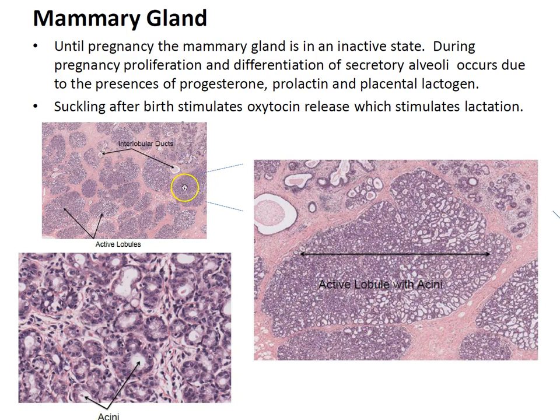The high magnification of this one shows you an active lobule with acini. Down here you see a high mag of acini, which essentially are sac-like structures where milk is synthesized and secreted. Now, after birth, the ejection of milk from the breast is stimulated by oxytocin.